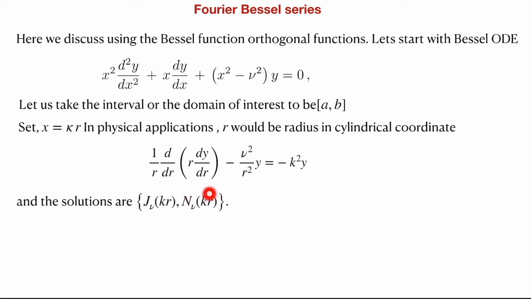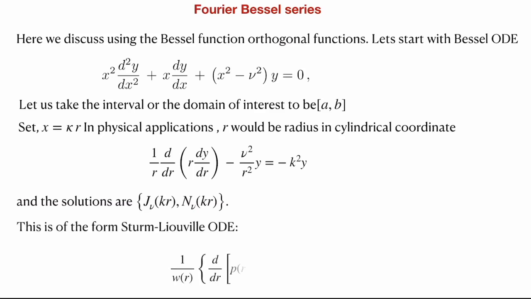We cannot use the Neumann function, otherwise this should do. Now, in terms of the Sturm-Liouville differential equation, we write this as 1 by w of r d by dr of p of r d by dr of y plus q of r y is equal to minus lambda times y. So this is the general form of a Sturm-Liouville problem with the weight function w.